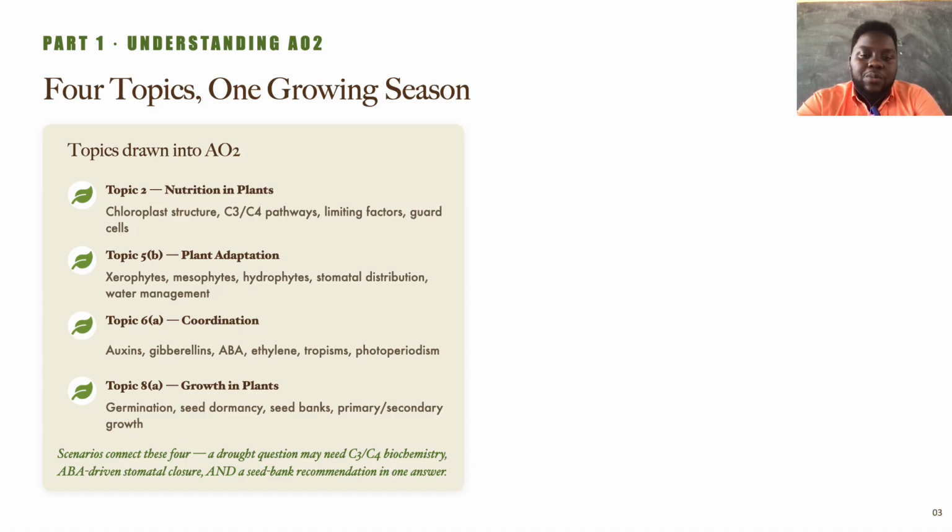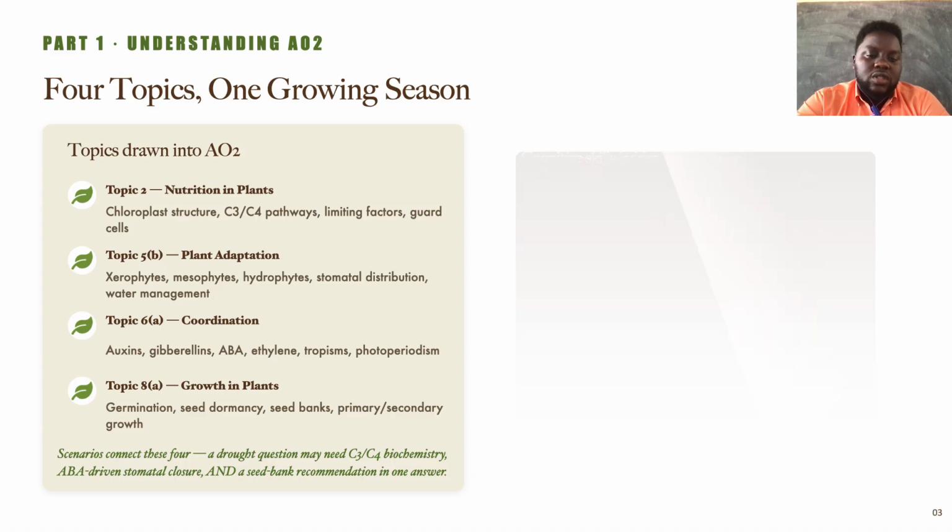That's the assessment objective 2 exam in a nutshell. It is testing whether you can move fluidly between these 4 topics within a single train of thought, because that's exactly what a real plant does. It doesn't experience photosynthesis and hormone signaling and growth as separate, unconnected events. They are all happening together at the same time, all the time, in response to the same environment.